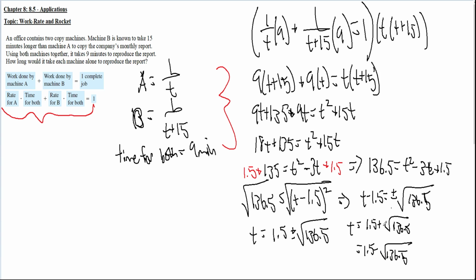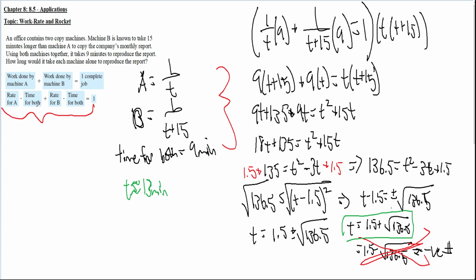And so if you evaluate both of these in your calculator, you'll see that this second value gives us a negative number. So we reject this solution, and so the only one that we're left with is the positive value for the time. And this time is approximately 13 minutes.